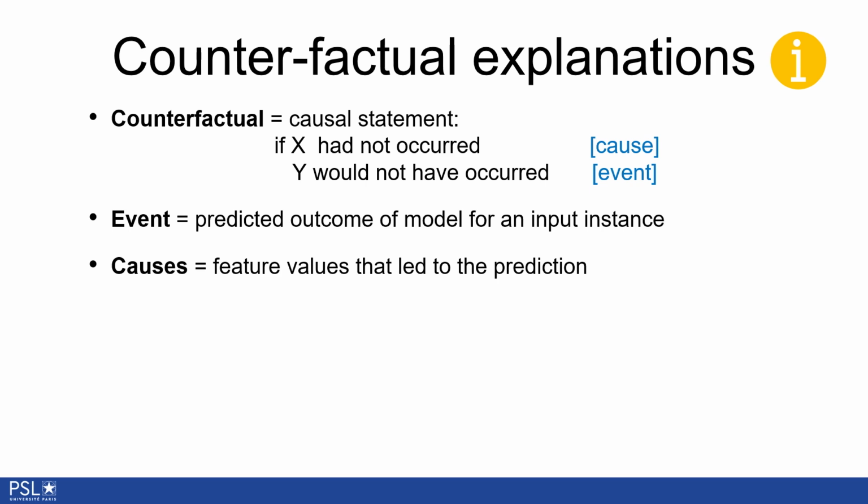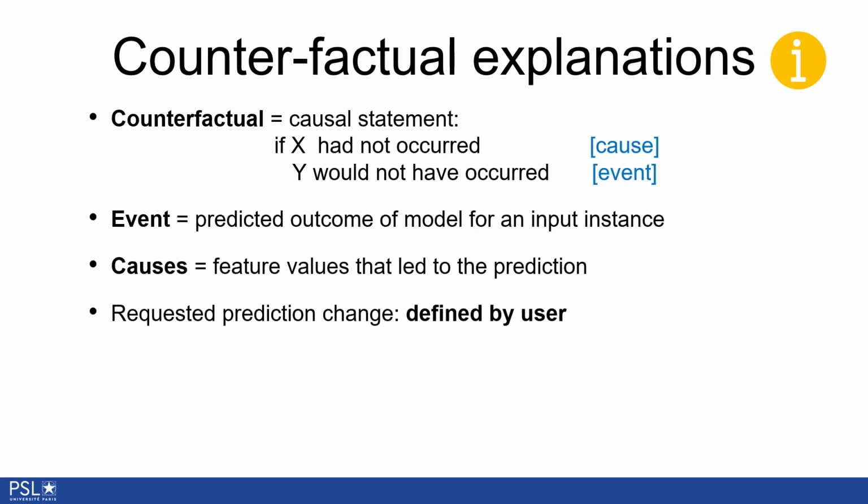And causes are feature values that led to this prediction. The goal of a counterfactual is to explain how the prediction can be changed. But the requested prediction change needs to be defined by the user. The user specifies what is the desired outcome.